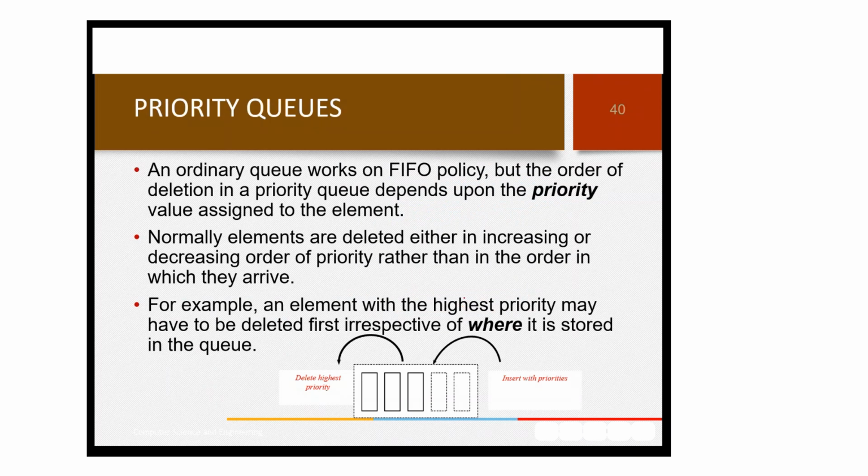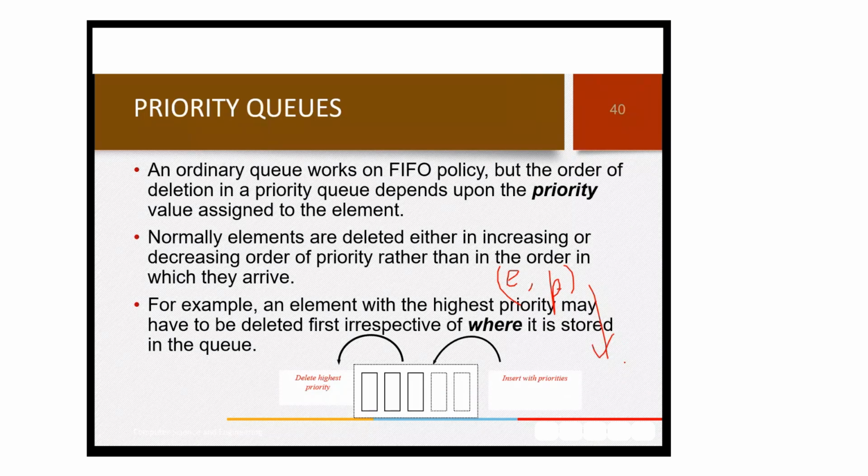Priority queue, on the other hand, is where insertion is not done based upon first in, first out, but it is based on the priority being assigned. So when we say a priority, there is the element value and the priority. So this is a bundle based upon which my element will get a position, so that while retrieving based upon the priority, it is not first come, first served, but priority.